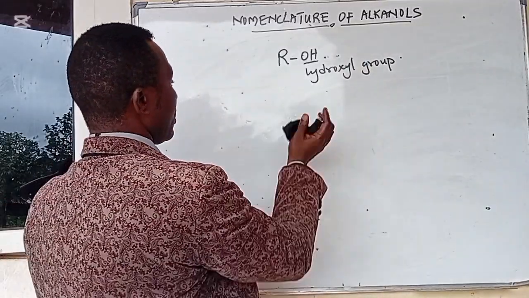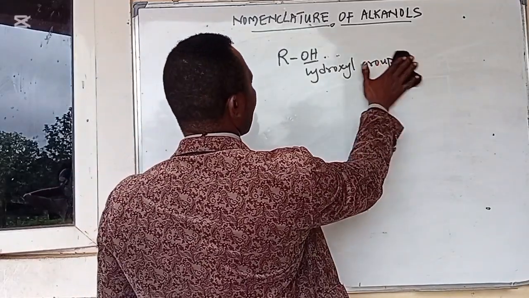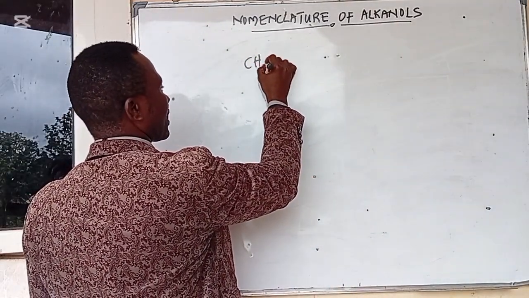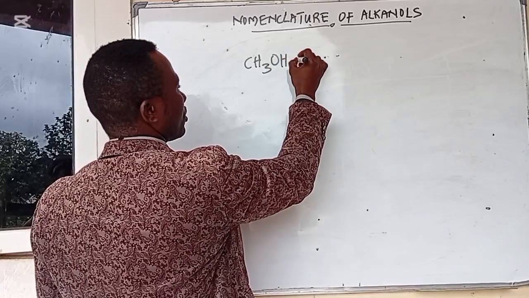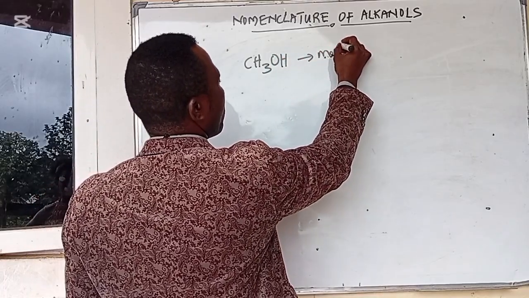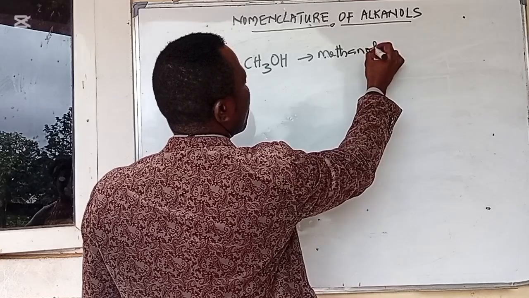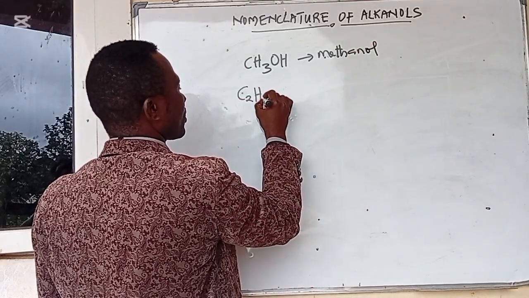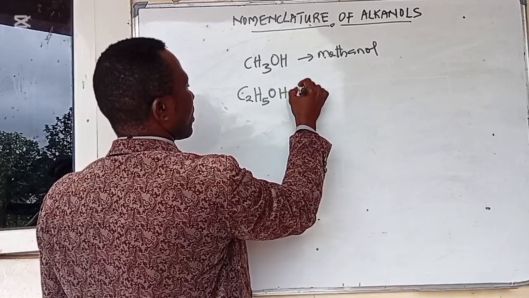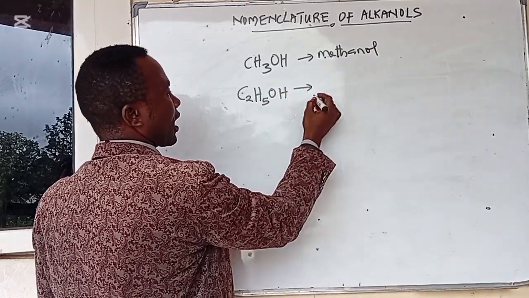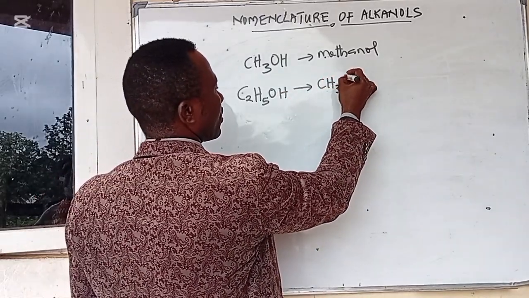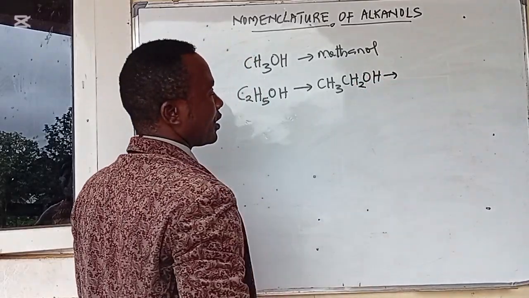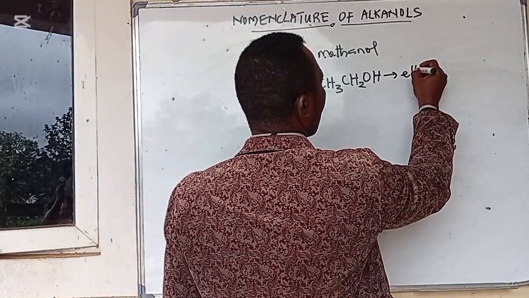Now, the first member of the alkanol family has one carbon atom, and that is CH3OH. This is methanol. The second member has two carbon atoms, and it can be written as CH3CH2OH, and the name is ethanol.